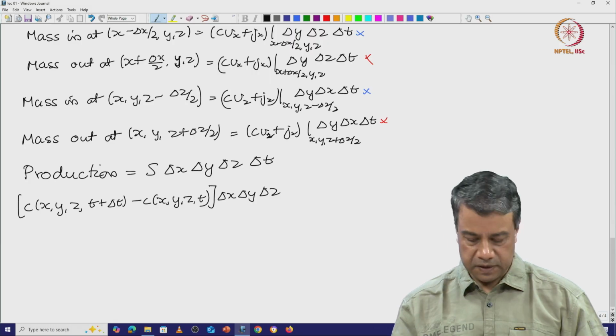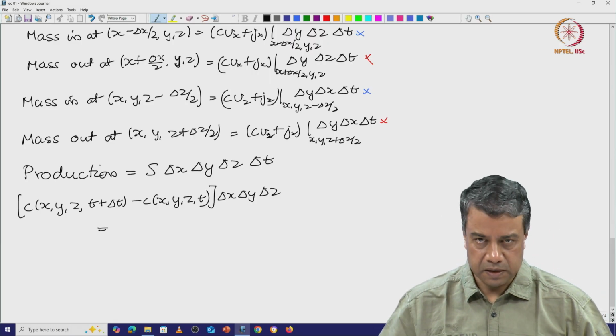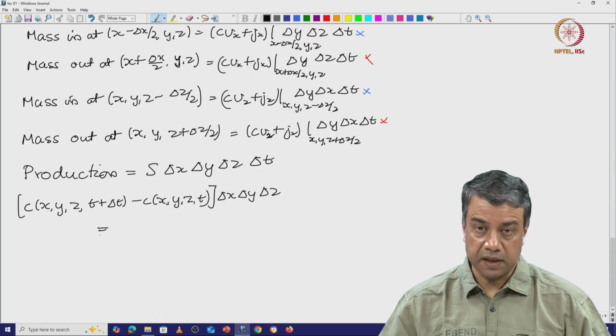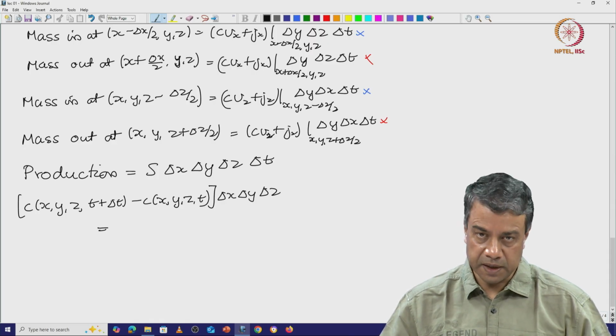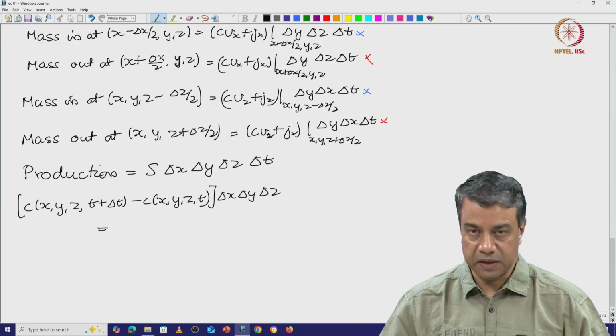That is the left side of the equation. On the right side, I have mass in: 3 contributions at x minus delta x by 2, y minus delta y by 2 and z minus delta z by 2, multiplied by their respective perpendicular areas.